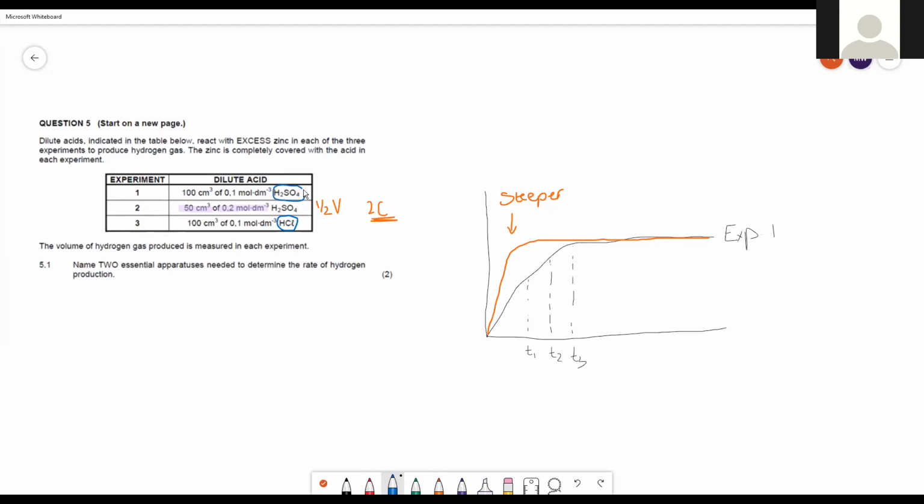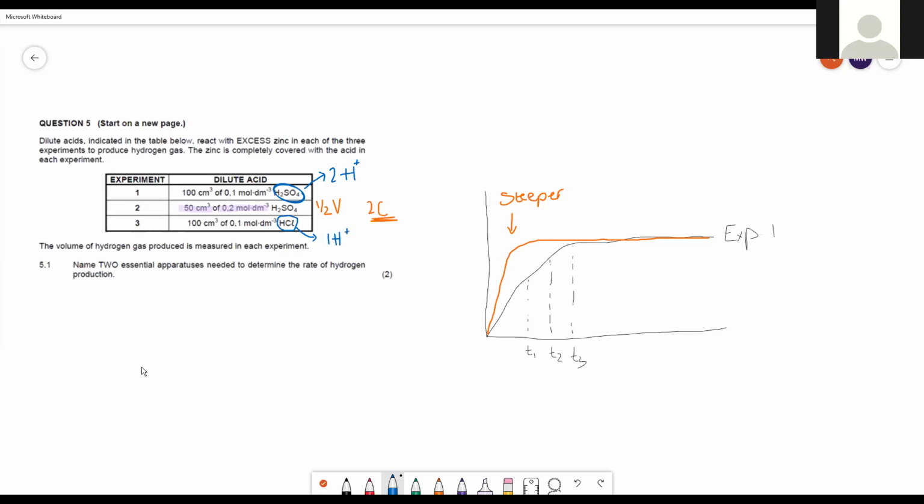Okay, so in experiment 1, you're working with H2SO4 or sulfuric acid. And what that means is you have 2 protons that can be made. So you've got 2 H's that you can have. Whereas with hydrochloric acid, you have 1 proton that can be made.